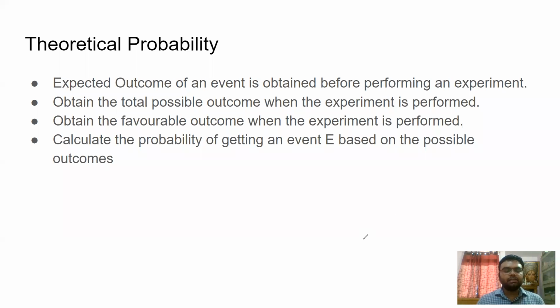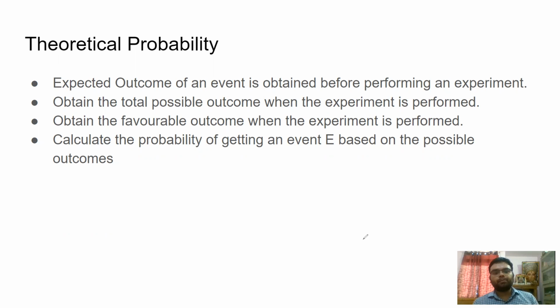Similarly, the theoretical probability is the expected outcome of an event, obtained before performing an experiment. Suppose we are going to perform the experiment and we want to know what will be the possible outcomes. As we have seen in the previous slide, we want to measure the chance of getting the head or tail. In that case also, we obtain the total possible outcomes when an experiment is performed, and we obtain the favorable outcomes when the same experiment is performed.